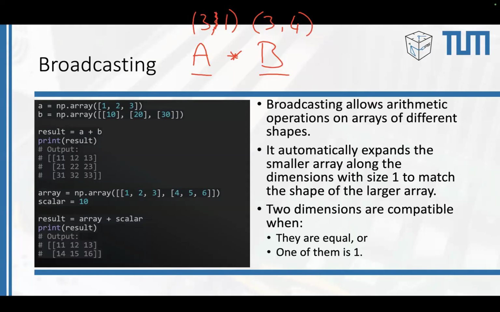And what else works that you didn't yet tell me? What else works here? I'm multiplying two matrices, but apparently they don't have the same dimensions, the same size in the dimensions. So why am I able to multiply them and what's happening here?